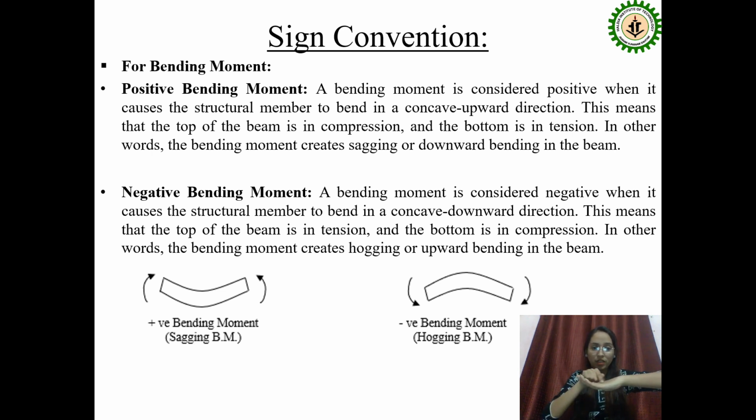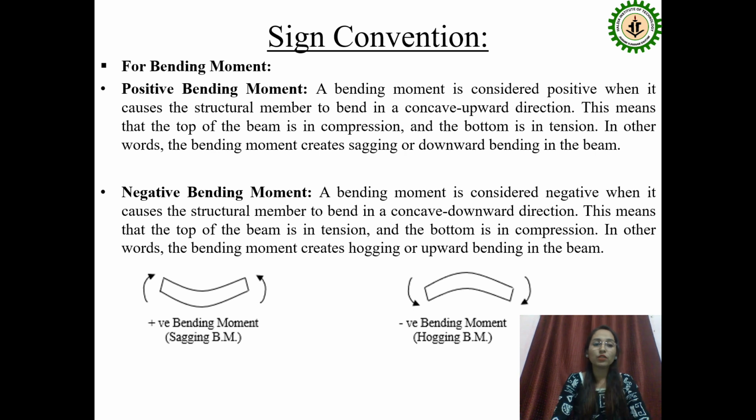It is also called sagging bending moment, and this is also called positive bending moment. Similarly, if the bending moment is causing the opposite, and it will make the beam like this, hogging, it is called negative bending moment.